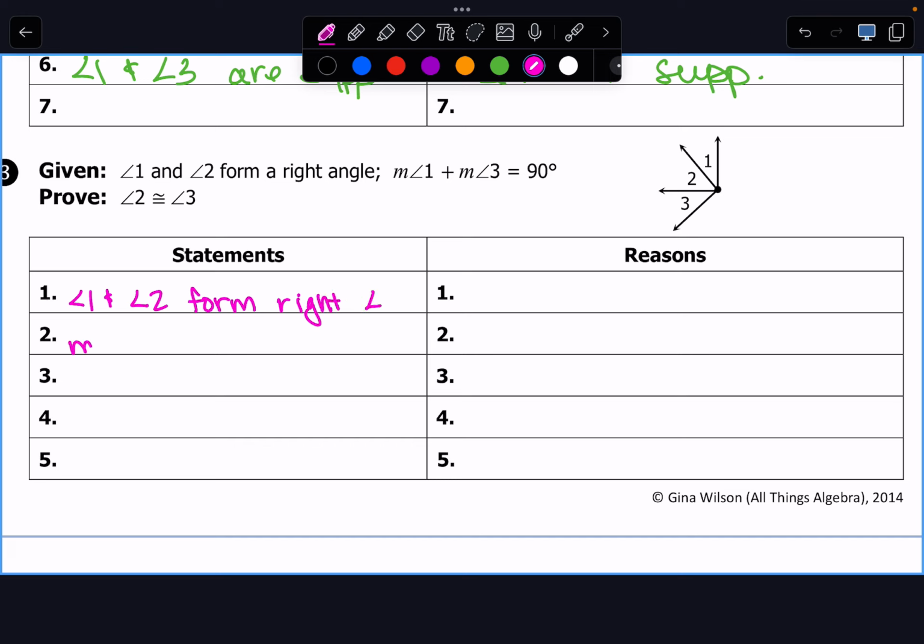Angle 2 equals angle 3 because it is... I think one is like 30 degrees.